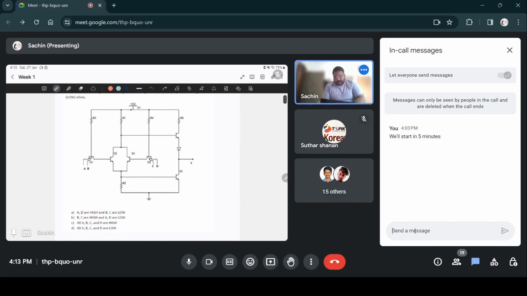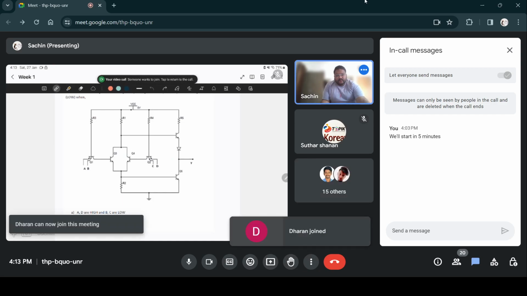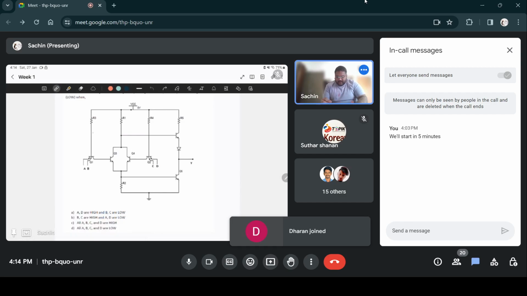Okay. A similar type of circuit was given in your lecture videos, if you have seen them. In the lecture, the circuit had only one of these parts.